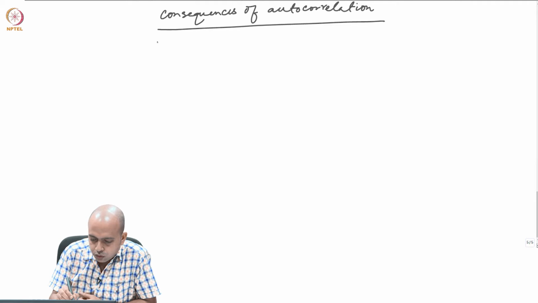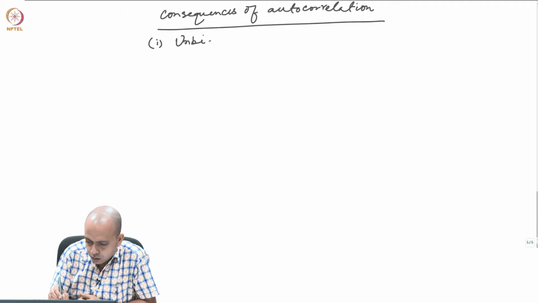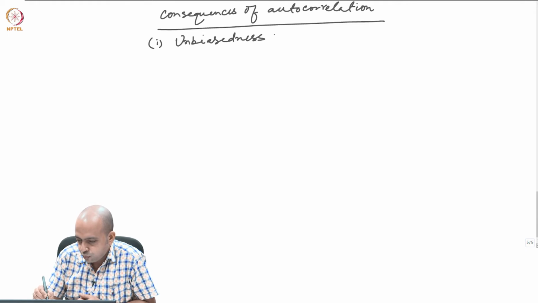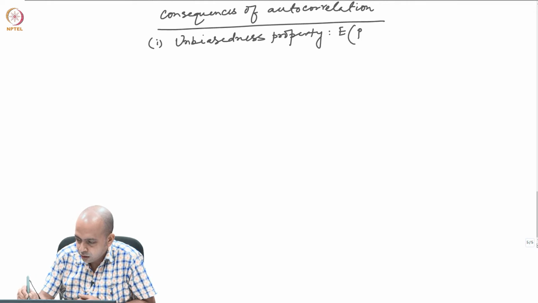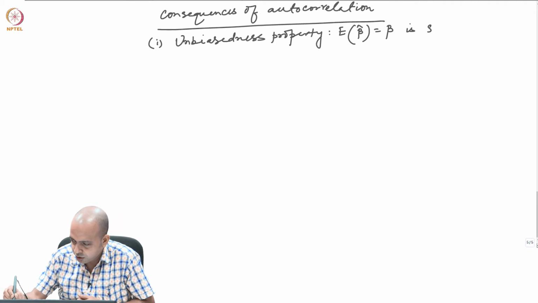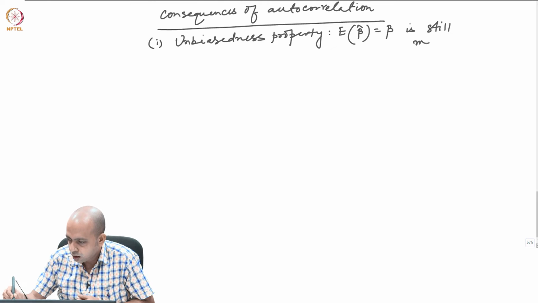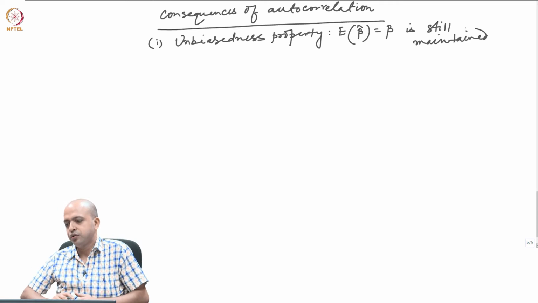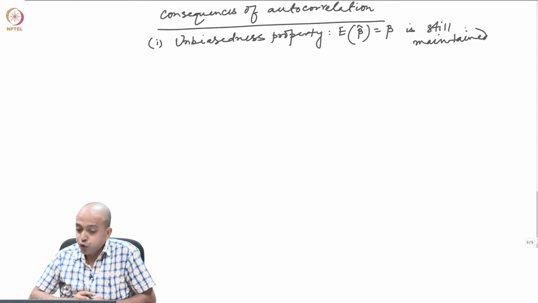Now, the unbiasedness property, that means expectation of beta hat equals to beta, is still maintained. There is no problem with the unbiasedness property even in the presence of autocorrelation.